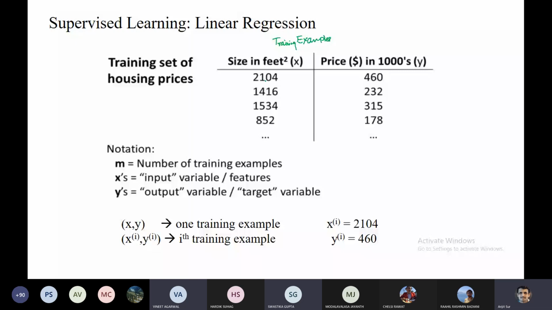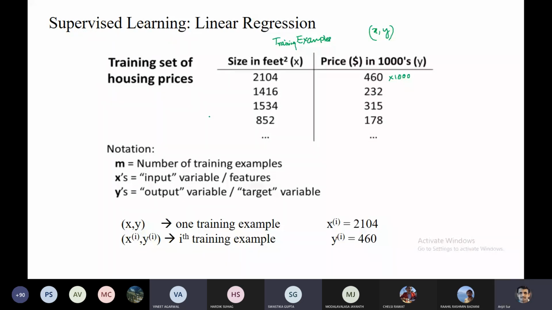This is 2104 square feet, and the price is this into $1,000. So this is an x and y pair: x is the square feet, and y is 460 into $1,000, something like that.